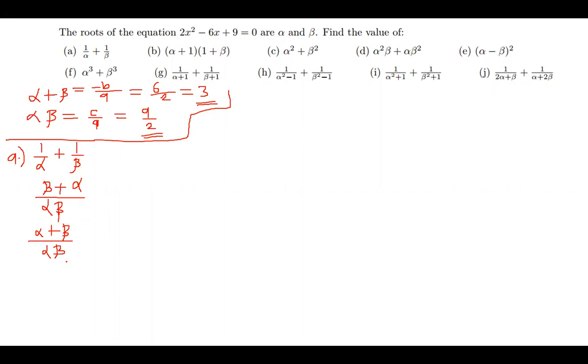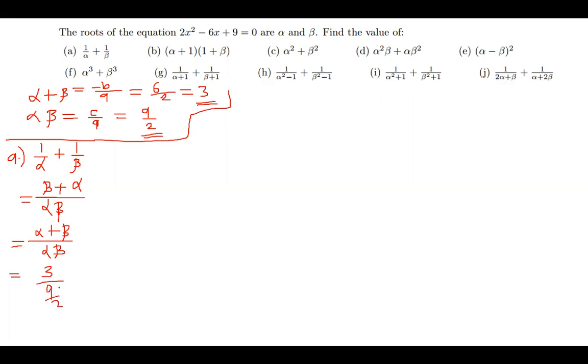Now we have our alpha beta and our alpha plus beta, so it's even easier for us to find the final solution. Where there's alpha plus beta, we'll put 3, and where there's alpha times beta, we'll put 9 over 2.